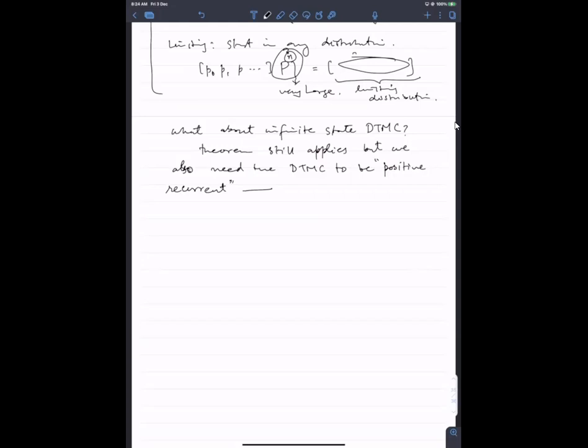So what about the mean times between visits to the states? Before we do that, I'm going to define what we call hitting times. What is a hitting time? Hitting time is the time that you first hit a state starting from any other state.